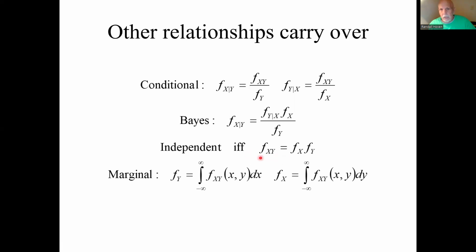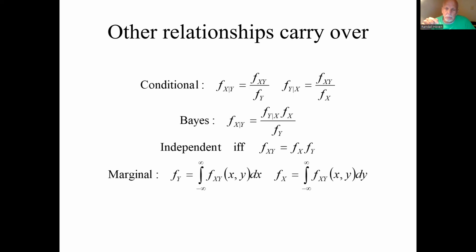Independence: the joint PDF is the product of the individual PDFs. If that's true, then they're independent. If they're independent, then that's true, if and only if. When we were finding the marginal probabilities for discrete probabilities, we summed over either a row or a column in that matrix.